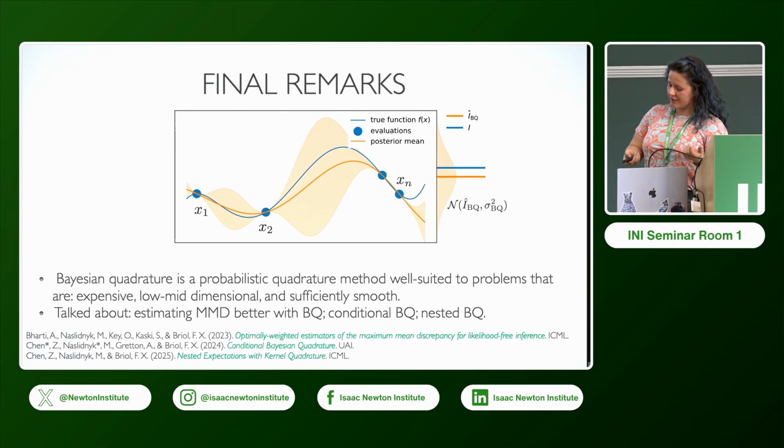I talked about some of our work that used Bayesian quadrature. One was estimating MMD better through Bayesian quadrature when the measure is a push forward, and also expanding BQ to the conditional problems and nested problems. And these are the papers.